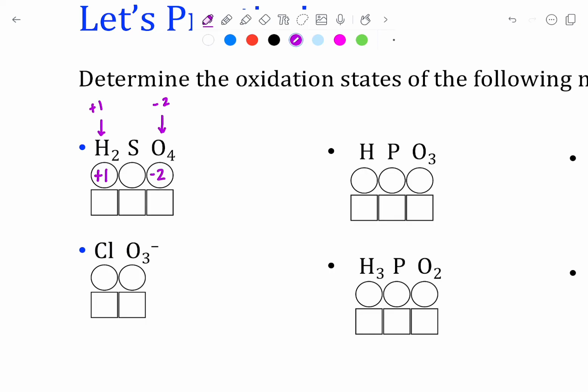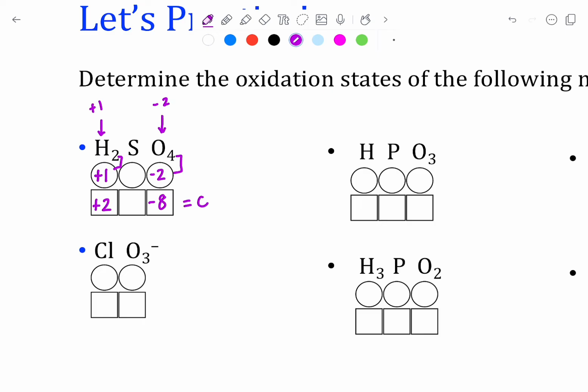Since there are 4 oxygen atoms, the overall contribution would be -8. So we take that subscript and multiply it by the individual oxidation number. The same goes for hydrogen. We take that 2 and multiply it by +1, because the overall contribution of all hydrogen atoms is +2.